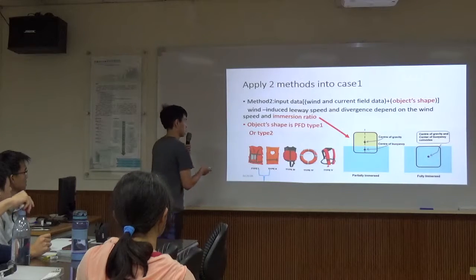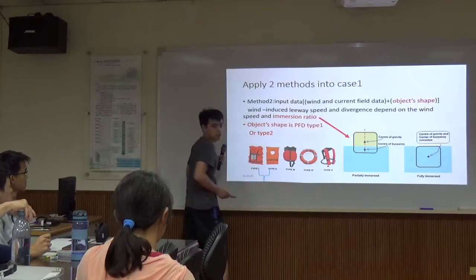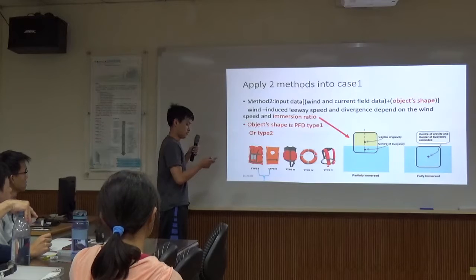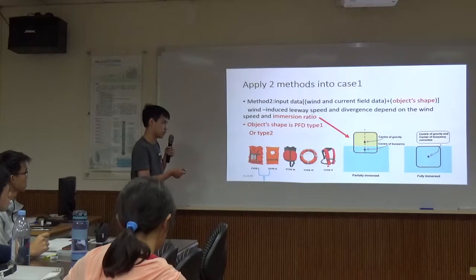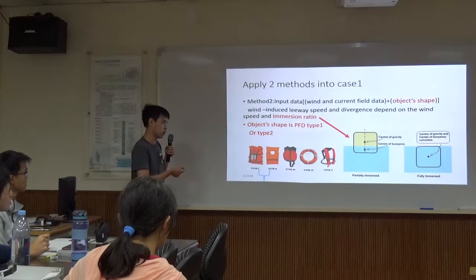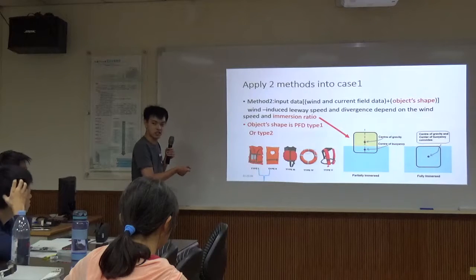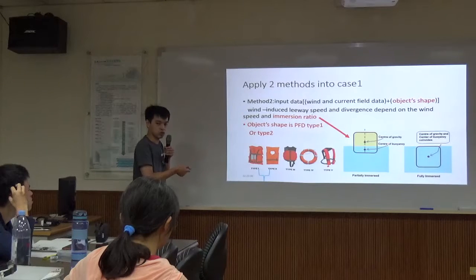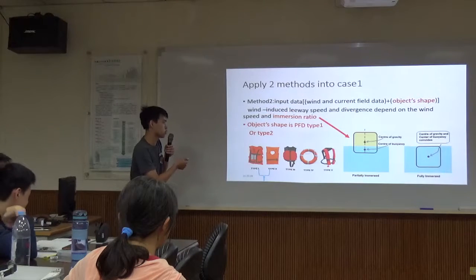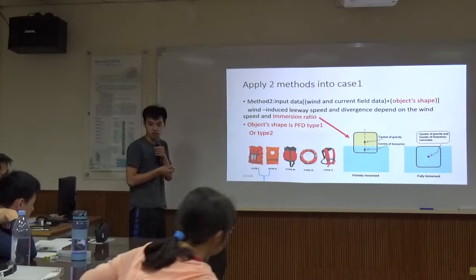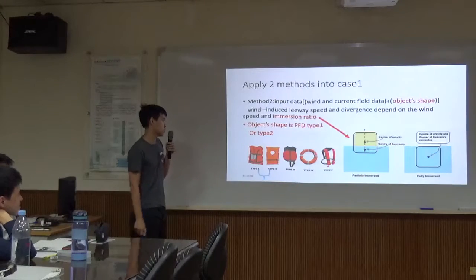It's a body floating on the surface, and if you have wind, it may go here instead of the original trajectory, and the wind blows here. So it affects its original trajectory. It's called wind-induced leeway.